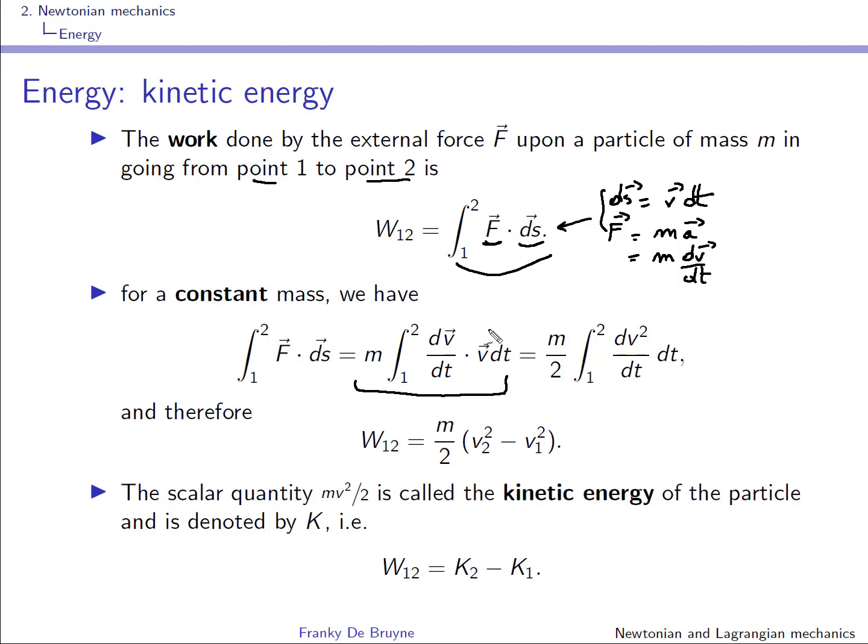So this is a scalar product, so it will have magnitude dv/dt times v. And this can be seen as the derivative of v squared over time.